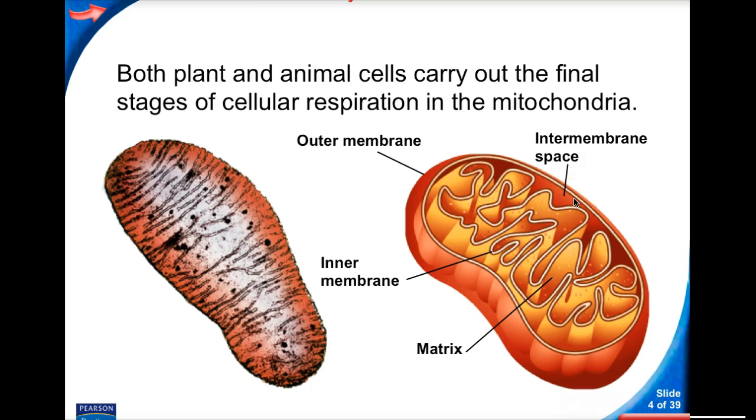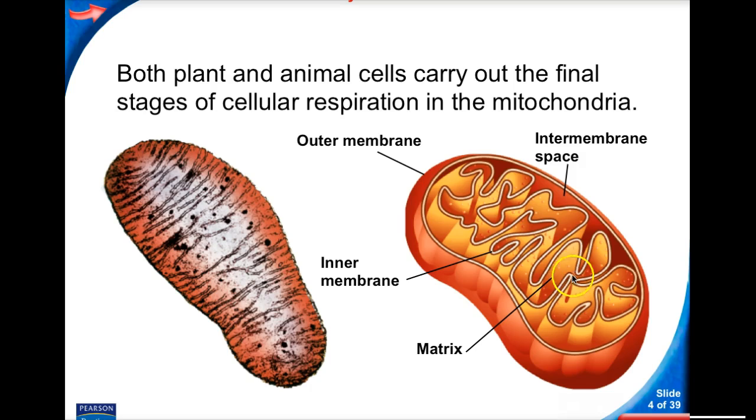That's important because you'll hear about the intermembrane space as we get more in depth in the chemical reactions. And then the inner membrane is folded, and those folds in the inner membrane are called cristae. We'll talk about that a little later. But when you have folds like that, just like in your intestine, those folds are going to increase the surface area for a reaction to occur.